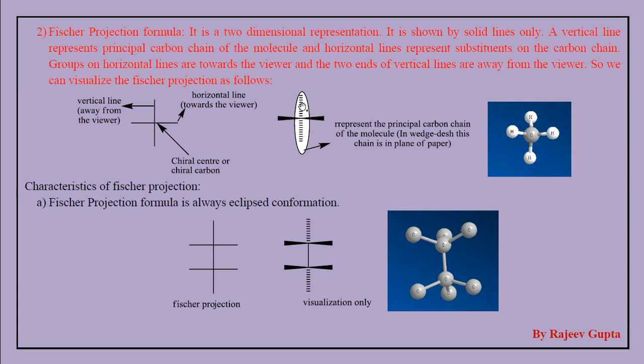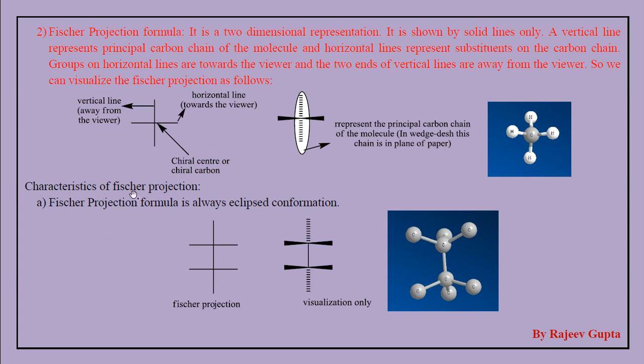These two hydrogen atoms on the vertical line are away from the viewer, and these two horizontal hydrogen atoms are towards the viewer, as we show here on the page. So this is a Fischer representation, and we draw the Fischer representation by solid lines.